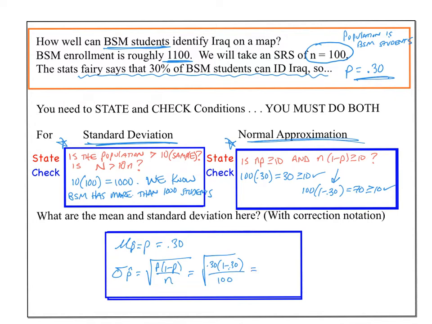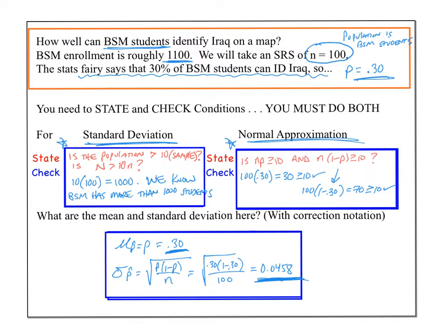If you put that in your calculator, you're going to get 0.0458. And I like to keep as many decimal places as possible with my standard deviation, so that when I plug it in my z-score formula, my z-score is as accurate as it can be. Okay, so there's our mean of 0.30 and our standard deviation of 0.0458.